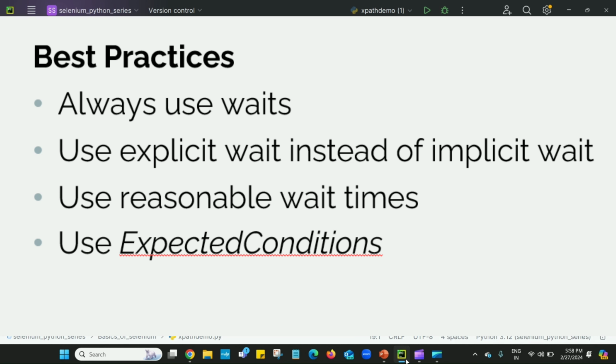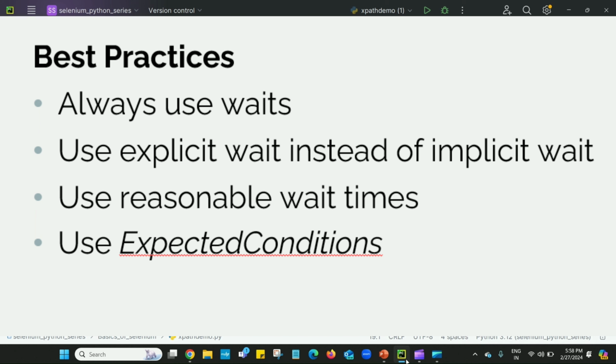While using waits in Selenium, there are a few best practices to keep in mind. First, always use explicit wait instead of implicit wait. Implicit wait can cause our test to take longer than necessary to fail if the element cannot be located. Explicit wait is better because it allows us to wait for a specific condition to occur before proceeding further.